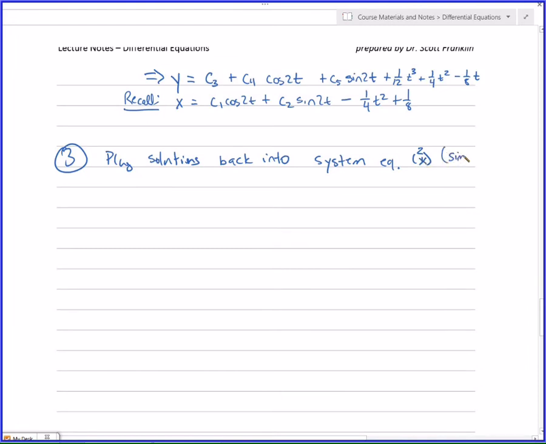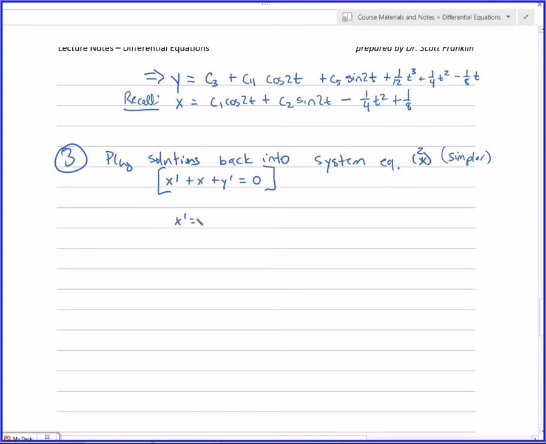Simpler. Okay, so equation 2 was x prime plus x plus y prime has to equal 0. This is what we're going to plug into.